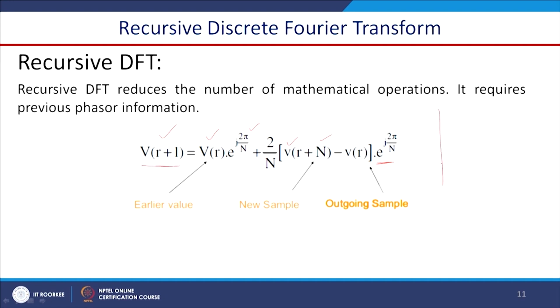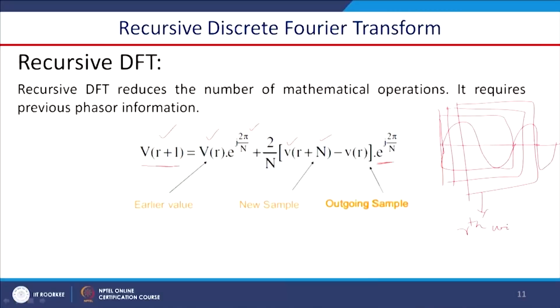If I have a signal, as we have already discussed in the previous slide, that this particular signal is moving ahead, and this is my first window and this is my second window. So, arbitrarily, let us say I can start from any window for calculating my phasors. Let us say this is my rth window, that is the meaning of this small r.